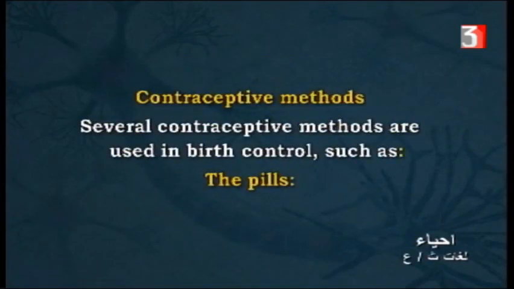Okay, contraceptive methods. What are the contraceptive methods? These are the methods to reduce pregnancy or to prevent it, to control birth. Several contraceptive methods are used in birth control, such as number one, the pills.